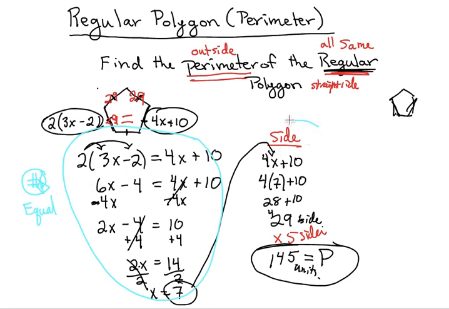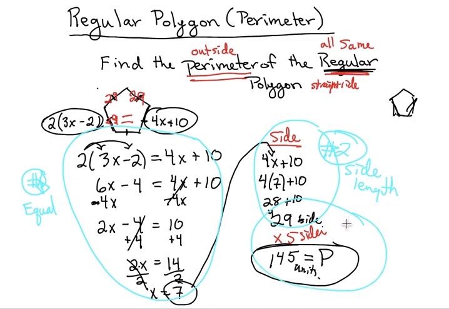Step number 2 is to calculate the side length. And step number 3, which they kind of overlap, is to use that side length to calculate the perimeter. And we multiply by the number of sides.